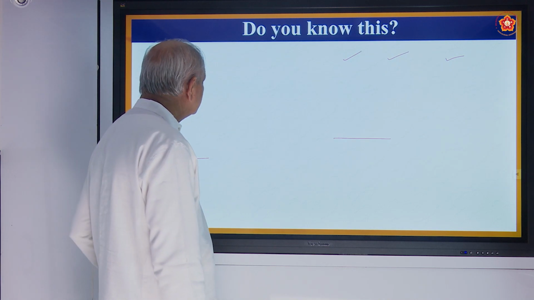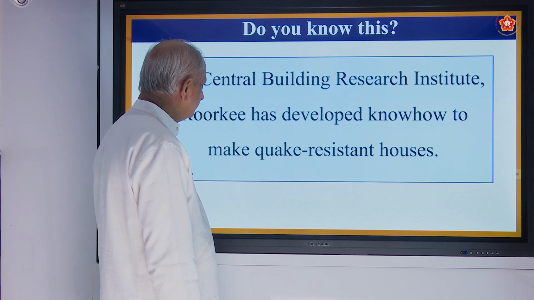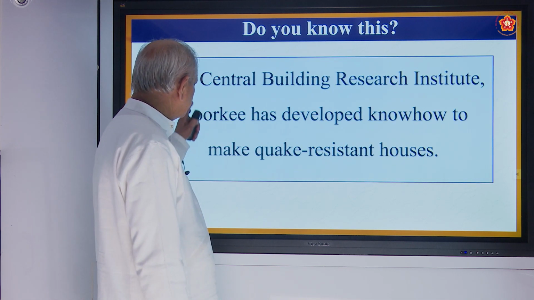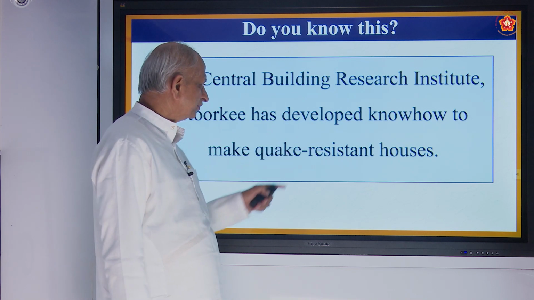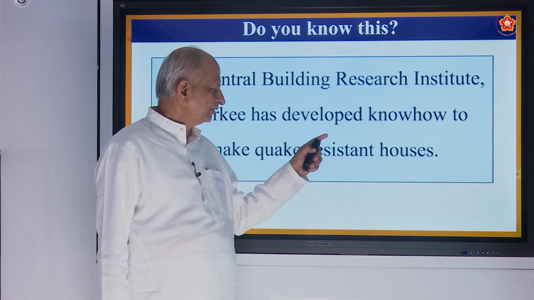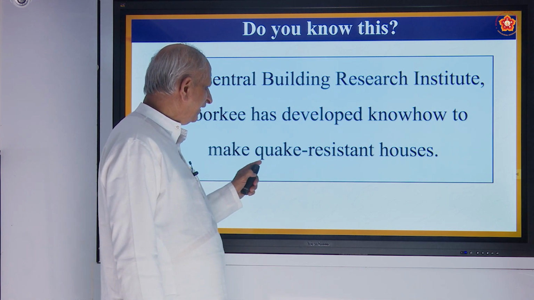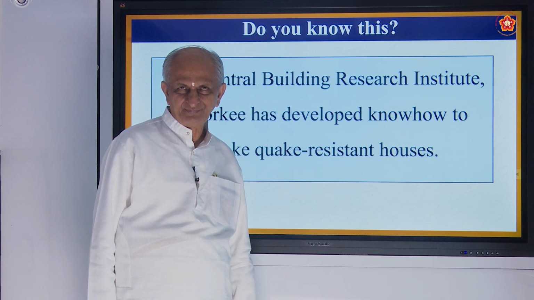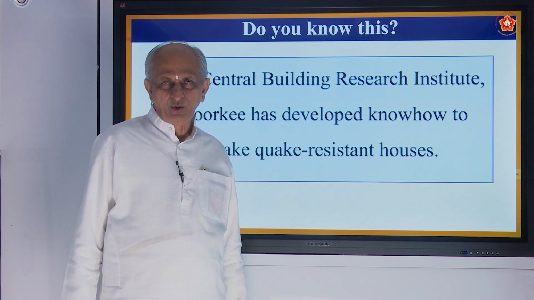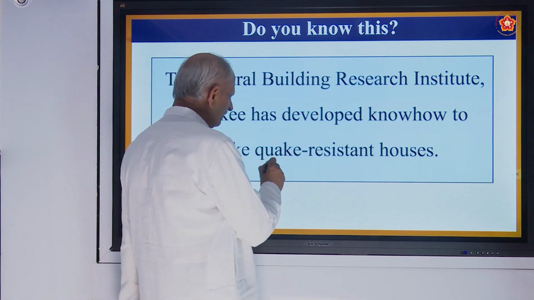Okay. And here is one interesting thing, that the Central Building Research Institute, Roorkee, has developed know-how to make quake resistant houses. So when you want to build a house, you should make it such that it is free from earthquakes.